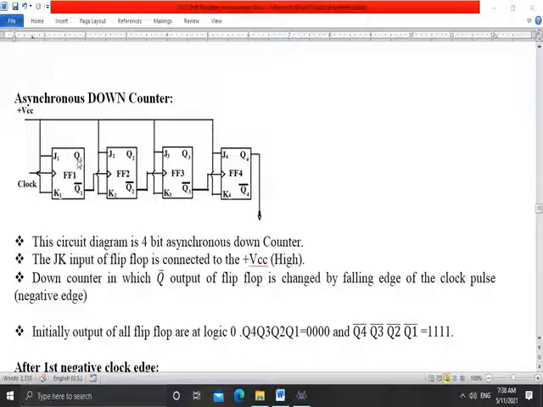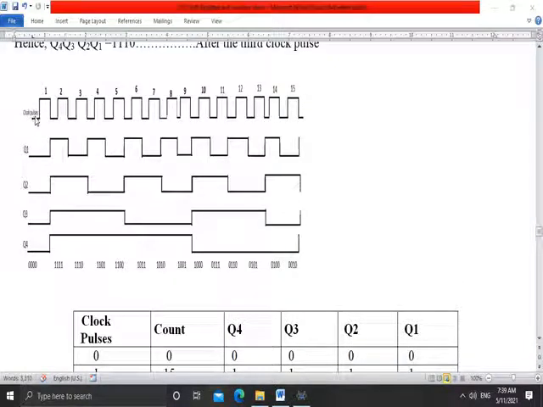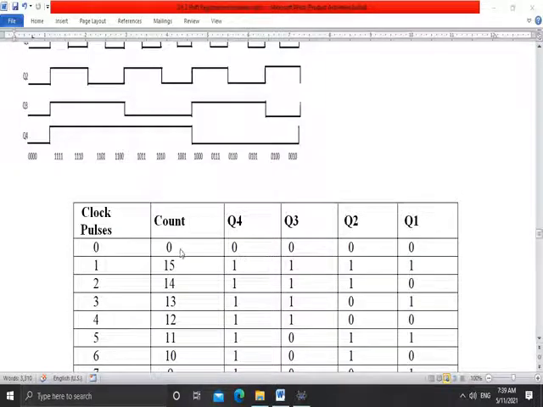That is, the values of Q4, Q3, Q2 and Q1 are all 0, and Q4 bar, Q3 bar, Q2 bar, Q1 bar are all 1. This is our initial condition when no clock pulse is applied. We draw this in the waveform: Q1, Q2, Q3 and Q4 are all 0 before any clock pulse is applied.